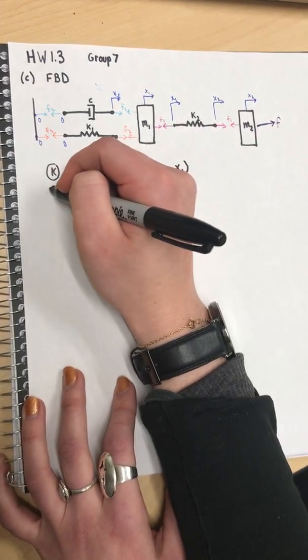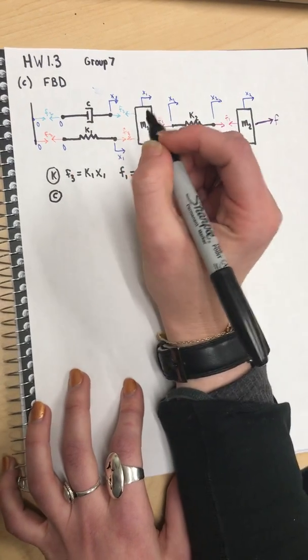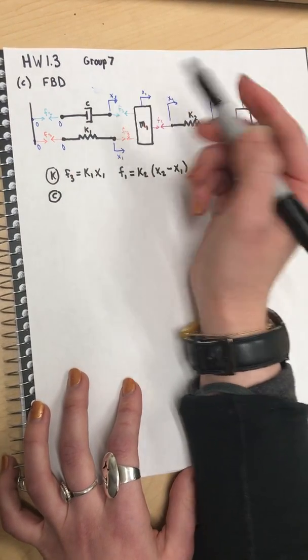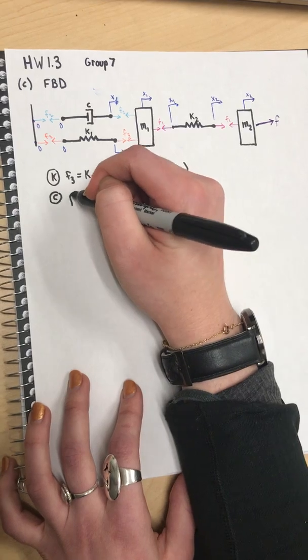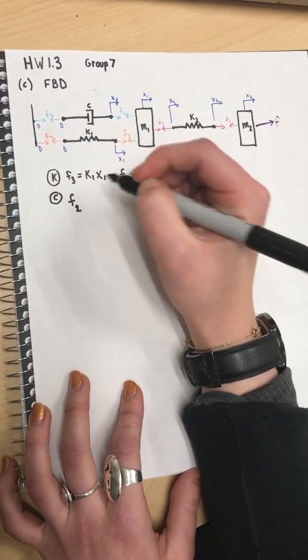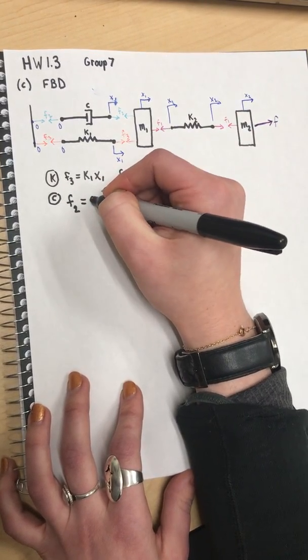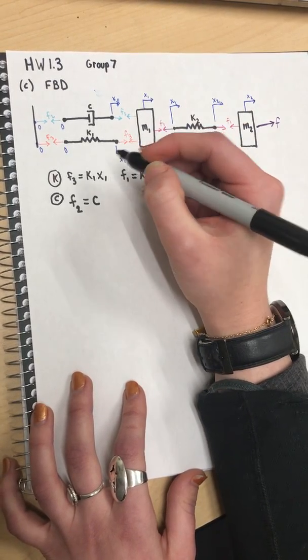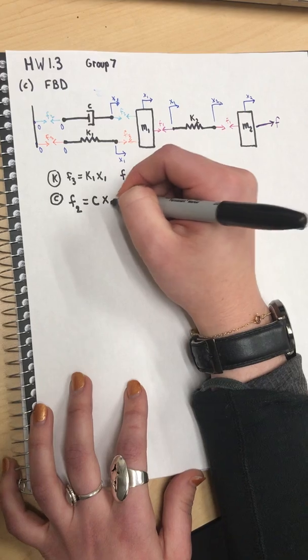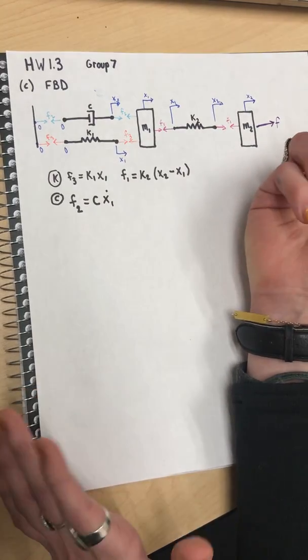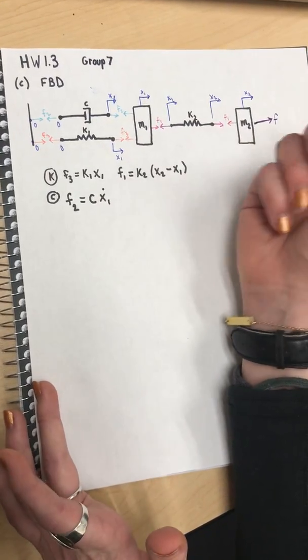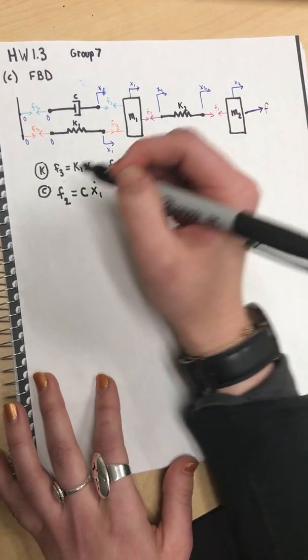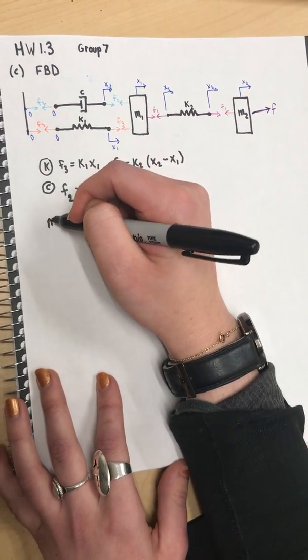Moving on to the damper, we have here the damper. The force applied to it is F2 equals C for the damper, and then the displacement is x1. But it's actually a velocity because it's a damper, so it's going to be x1 dot. And then we're going to move on to the masses.